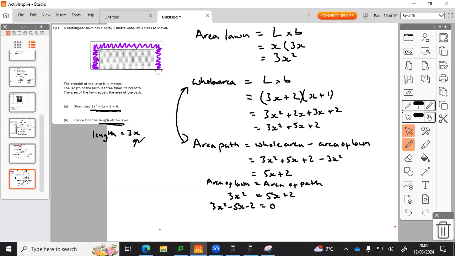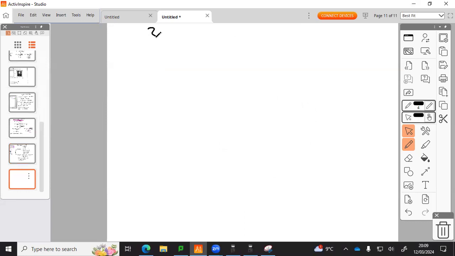So we're trying to find x, so solve this for x. We just need to factorize it. So we're taking the 3x squared minus 5x minus 2, and we're finding the roots of it.